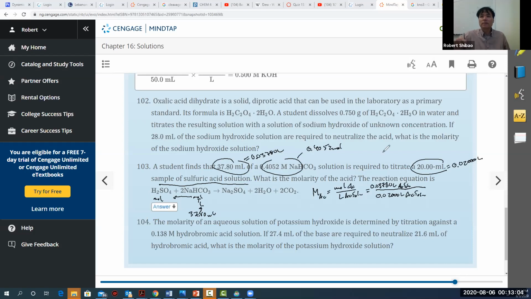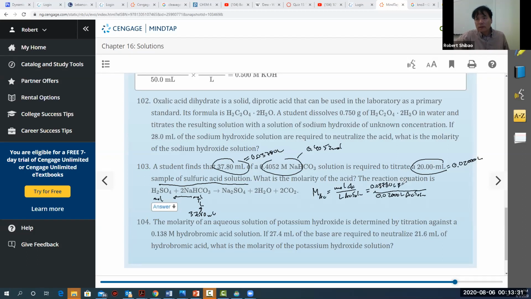This is base solution, or bicarbonate. Bicarbonate's amphoteric. It could either act as an acid or base. So this is 0.03780 liters of bicarbonate solution.